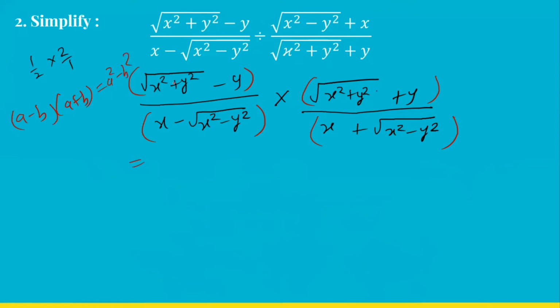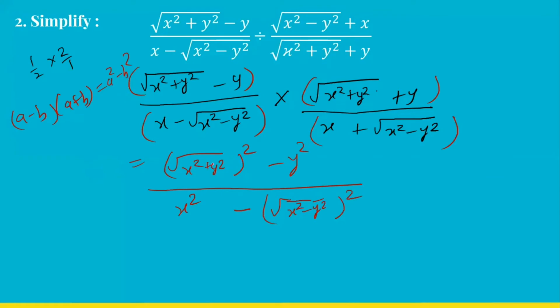So we write this as a square. So a square is root of x square plus y square, and the square of that, and minus b square. Your b is y, so minus y square. In the denominator, a square is going to be your x square, x being in the place of a, minus b square, which is root of x square minus y square and then the square of that.